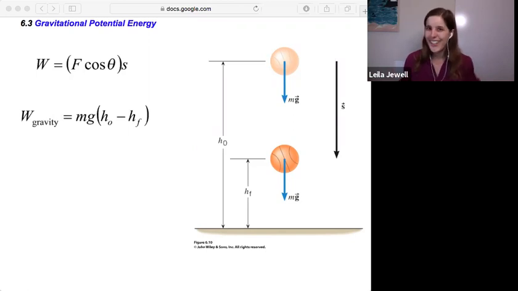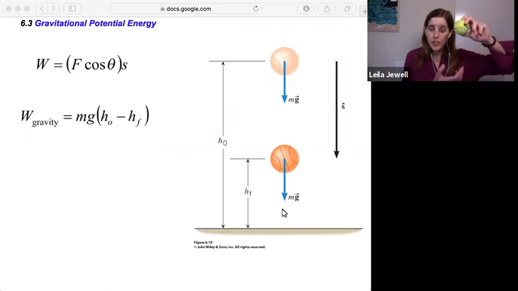Probably so. So if we imagine a ball, like a basketball or tennis ball, and we look at the force of gravity acting on it, the force of gravity is pulling down on it with a magnitude of mg.